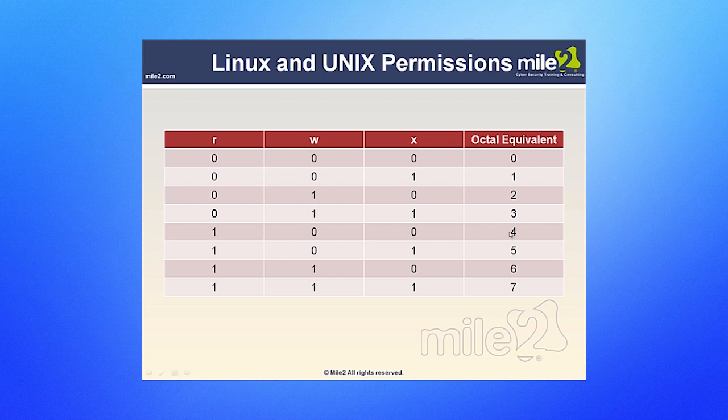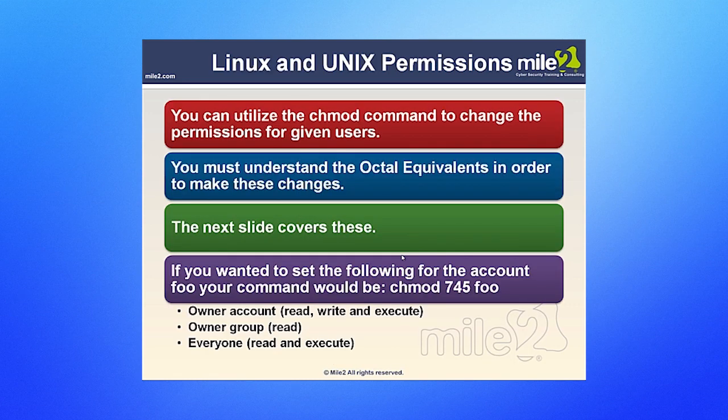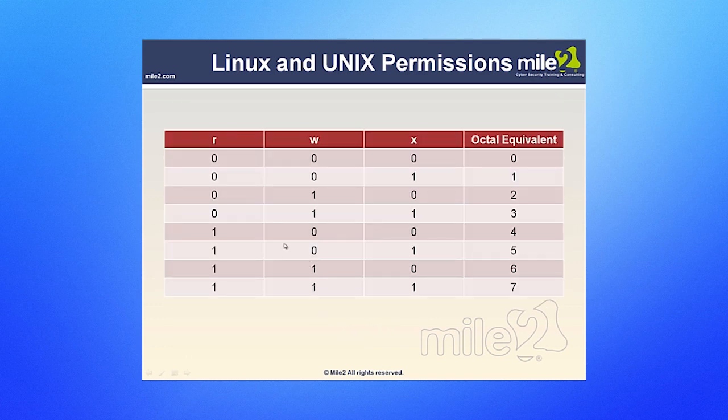So from an octal representation, that gives you just read. Oops, sorry, go back one. Looking at this, actually I was mistaken, read and execute. You can see it, read, no write, execute. So this makes a 5. So this is the octal equivalent.